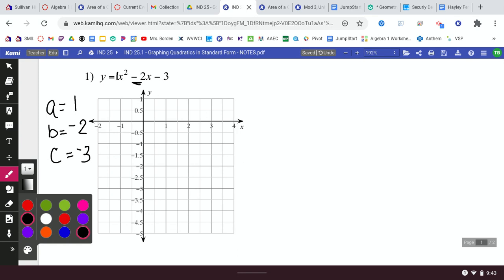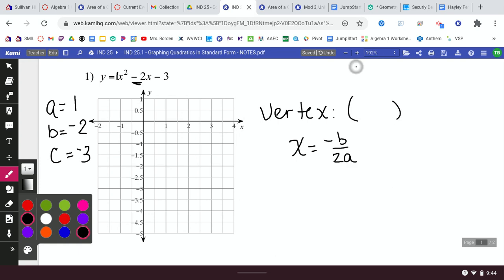So the first thing we have to do, and you're going to do this with every single quadratic you graph, is find the vertex. And keep in mind, the vertex is an x and a y point. Okay? So we know the formula for the vertex is x equals -b over 2a.